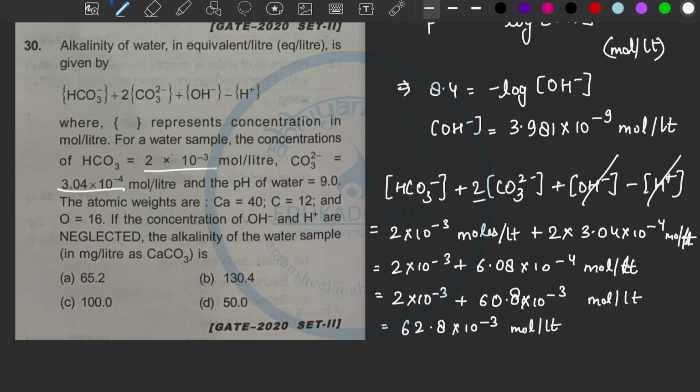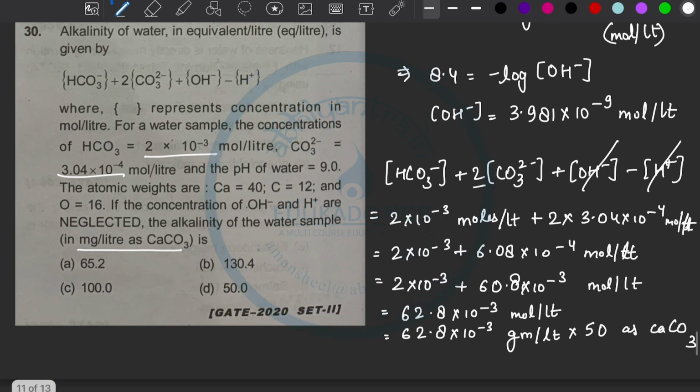But we want to give the alkalinity in milligrams per liter as CaCO3. This will be equal to 2.608 into 10 to the power minus 3 equivalents per liter, into 50 as CaCO3.